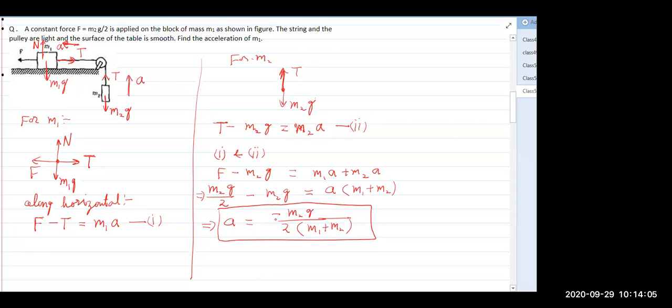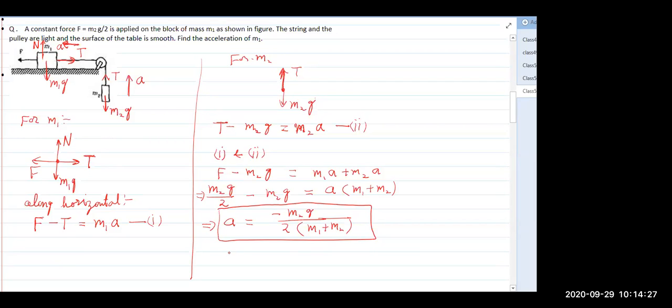What is this minus sign indicating? It indicates that the assumption we took, that m2 is going up and the upper object is going left, is just opposite. The actual acceleration is opposite to that. So m2 is coming down and the upper object is going right.